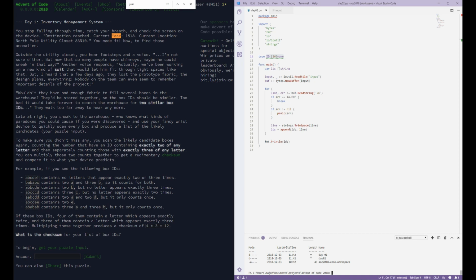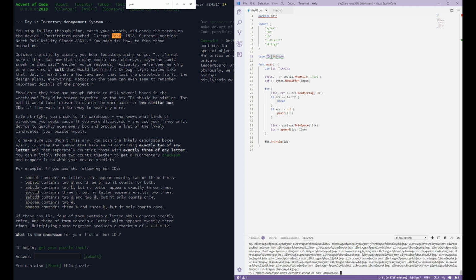Oh. Yeah, so I do have a bunch of stuff. And then I need to count that for all of them. For ID and range IDs.